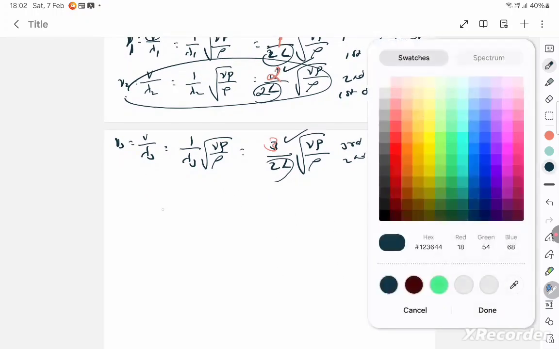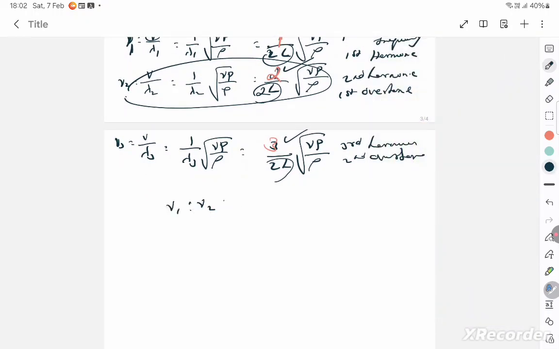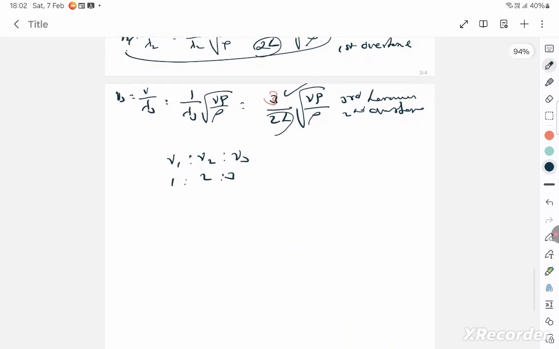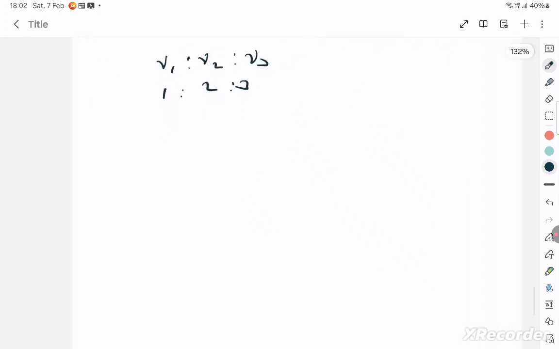So the frequencies mu 1 is to mu 2 is to mu 3, or 1 is to 2 is to 3 progression, and that is the reason it's called harmonic progression. You learned arithmetic progression, geometric progression. This is another progression, where 1 is to 2 is to 3 is a harmonic progression. So this is about an open organ pipe.